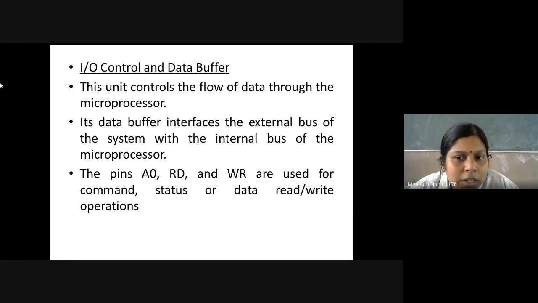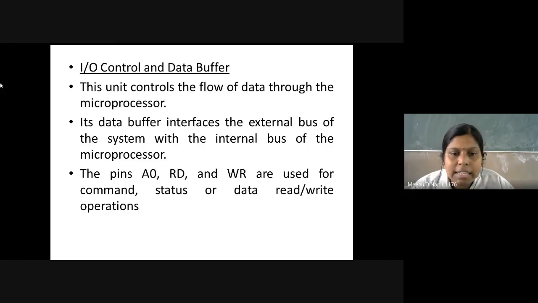Then what is input output control? A0, RD, WR are used for command rather than data read or write operation. There is one more signal, that is chip select, the CS bar signal. If you put 0 on that signal, then only the chip will be activated, that is, chip selected.